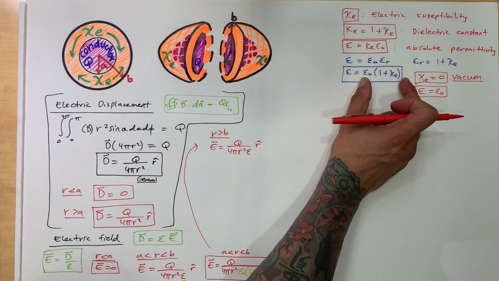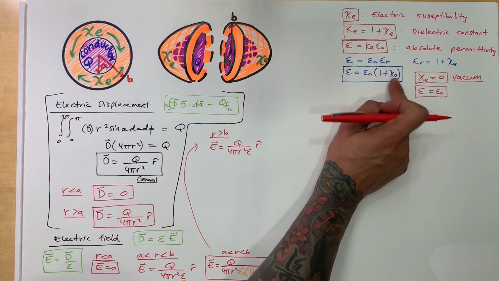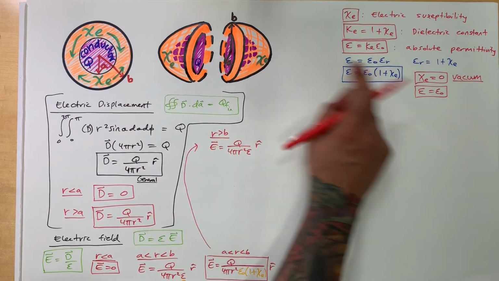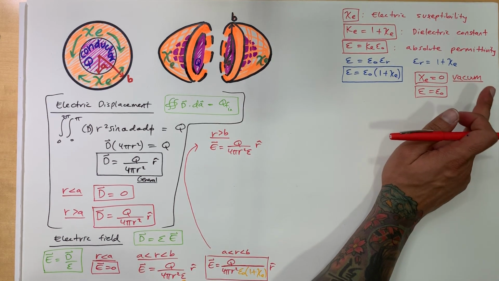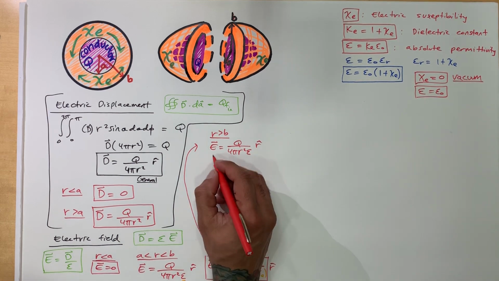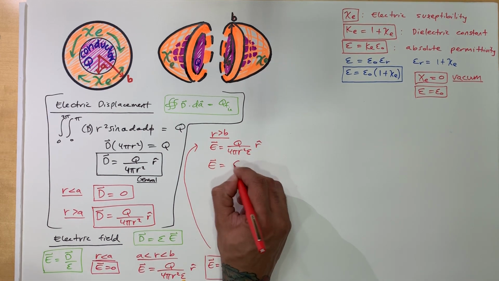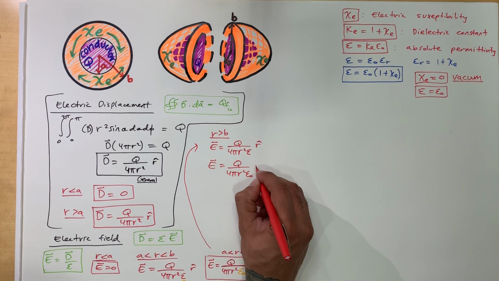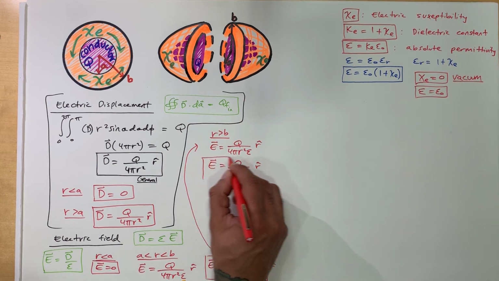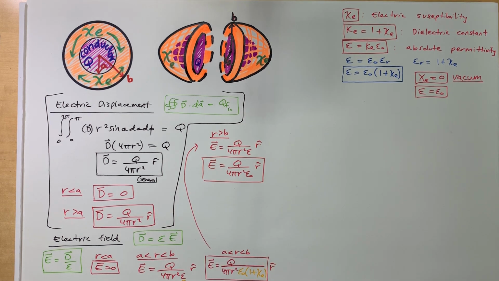This was this entire thing, but since we're outside, chi E is equal to 0 in the vacuum, and then we just have this equal to each other. So the correct expression for this would be with an epsilon naught, still in the radial direction, and that's our electric field. So these 1, 2, 3 are the electric fields in the different regions.